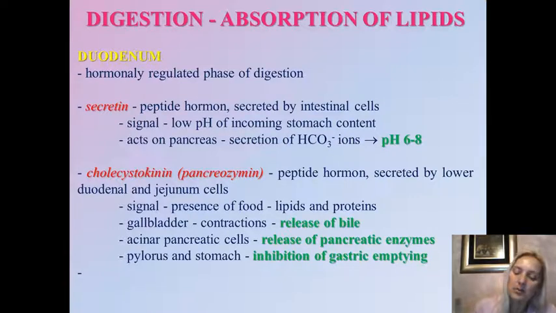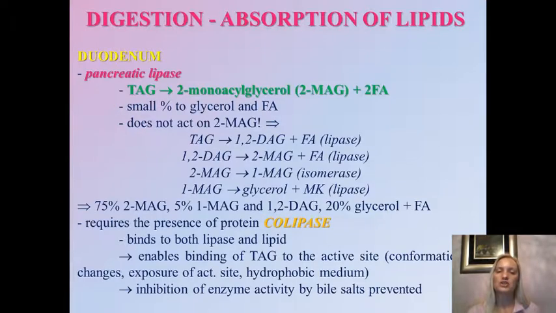And the third point of its action is the pylorus and stomach, but this time it inhibits gastric emptying, thus regulating that the content which is going to be processed in the duodenum is not too large. So it's like in doses, which is regulated by this cholecystokinin. So when all those conditions are set up, we can continue with the digestion of lipids.